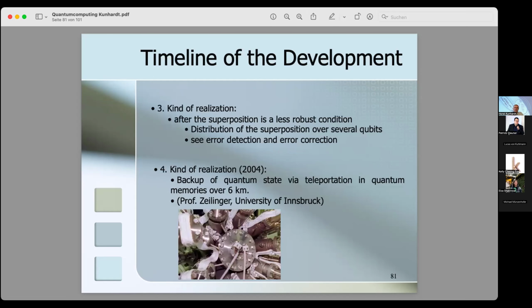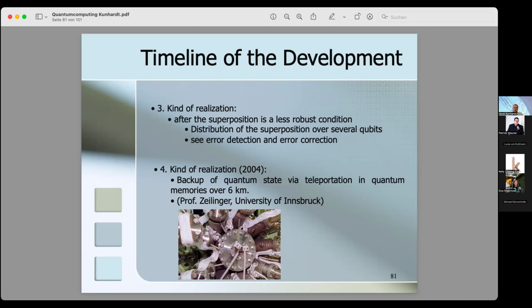The third wave, or the third way of realization, was working on the superposition and working on error detection and error correction. And in the year 2004, Professor Zeilinger was able to do a teleportation of a quantum state over a distance of 6 kilometers.